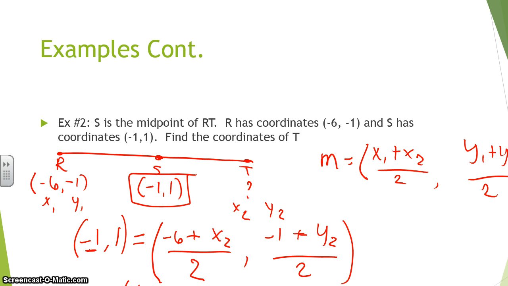These cancel out. So 2 times -1 on the left gives me -2, which equals -6 plus x2. I still need to solve for x2, so I'm now going to add 6 to each side. -2 plus 6 is going to give me 4, which equals my x2. So what is my x for T? That's going to be 4.